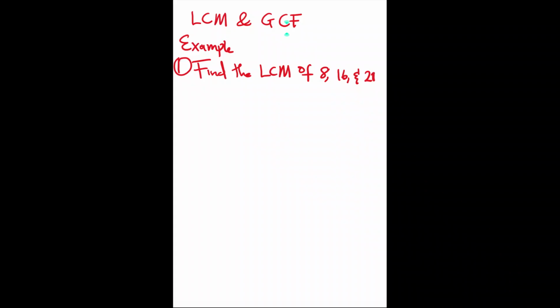The way I do it is that I draw a table for the three numbers: 8, 16, 20. To get the LCM of these numbers, I'm going to divide all the numbers in question until I get to 1. Till all the numbers get to 1.